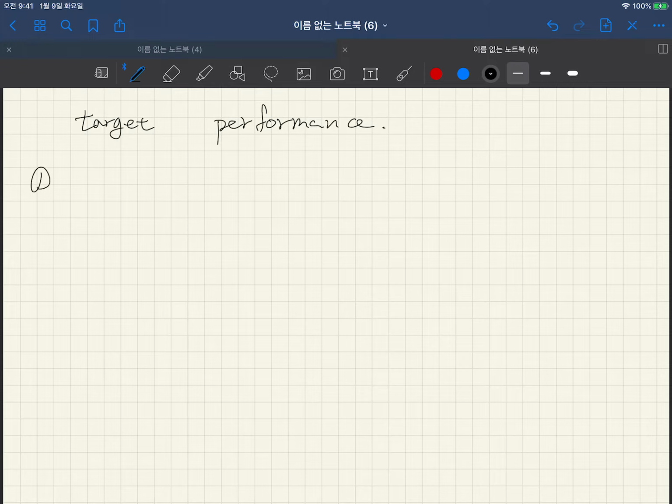So let's consider this first example. When you train your neural network and you have this situation, your training error is bigger than some target error. In this case, the training itself is not good, right? So we have to improve our training performance.